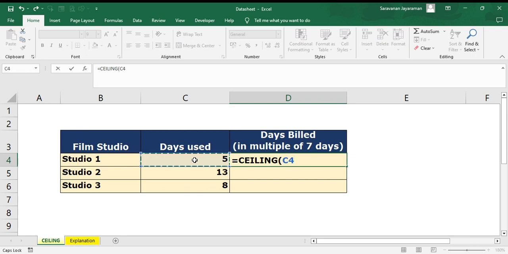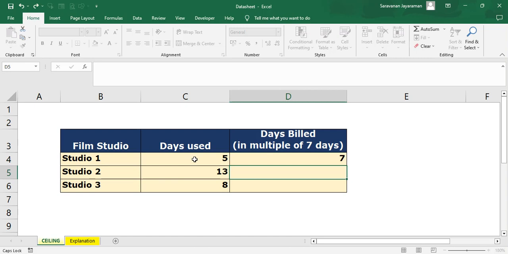So how many days we have used is the number, and the significance is the multiple. They will be using 7 days billing, so it's in multiples of 7. So I'll put 7 and close the bracket. So here I'll be billed for 7 days.